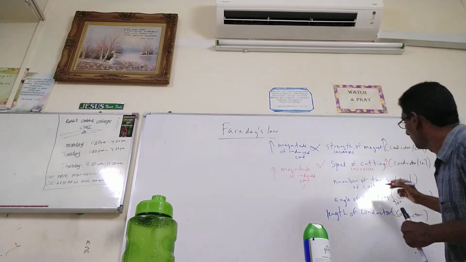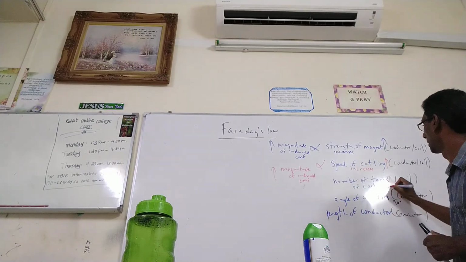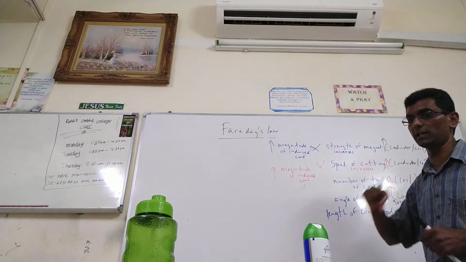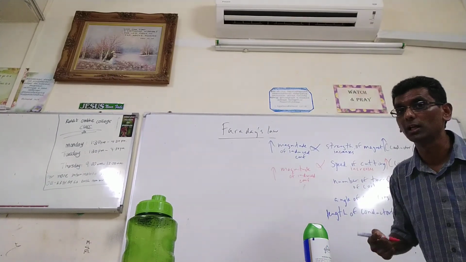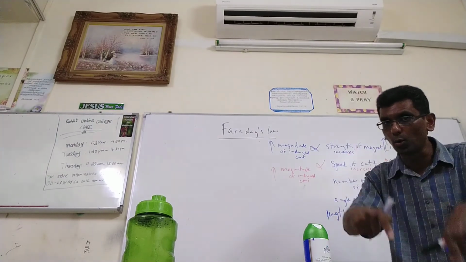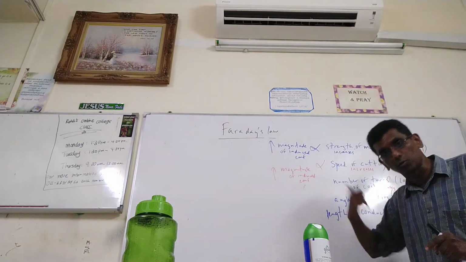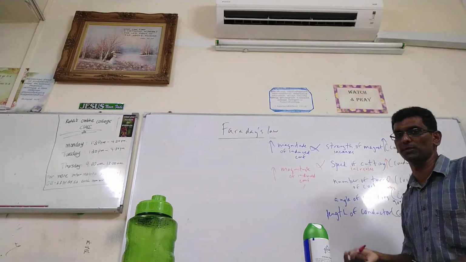And number of turns of the coil increases. Now, 20 turns or 100 turns, which one produces higher voltage? 20 turns produce lower EMF. 100 turns, the coil has so many turns, produces higher voltage.